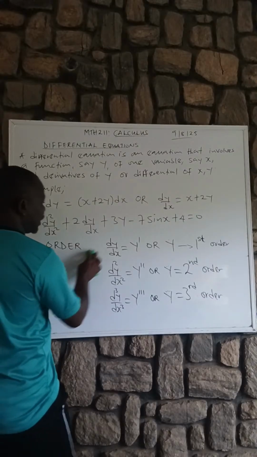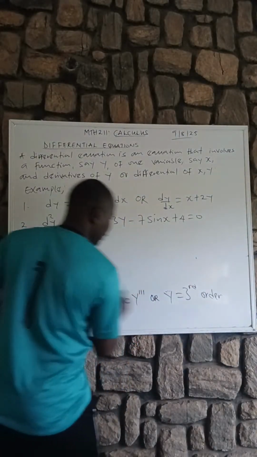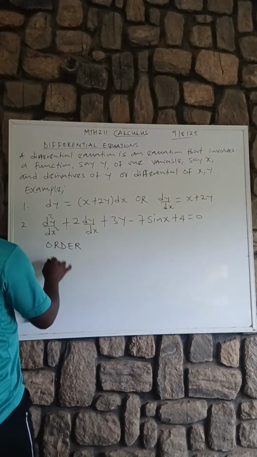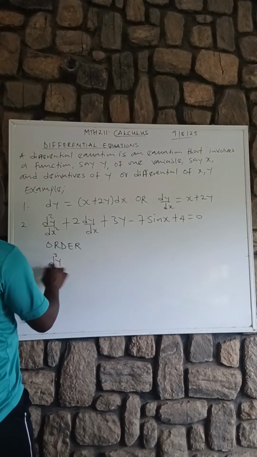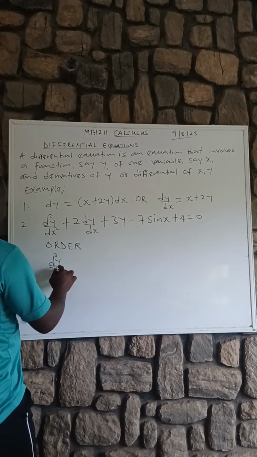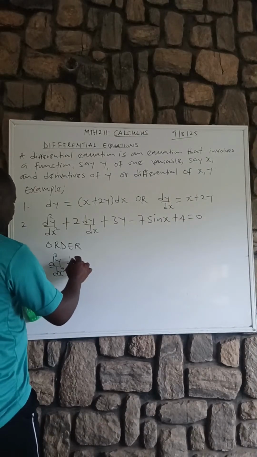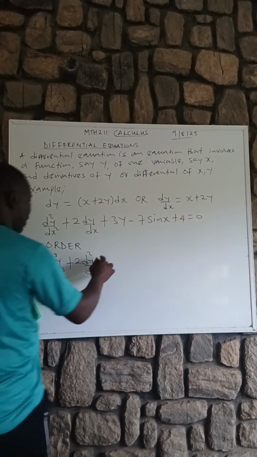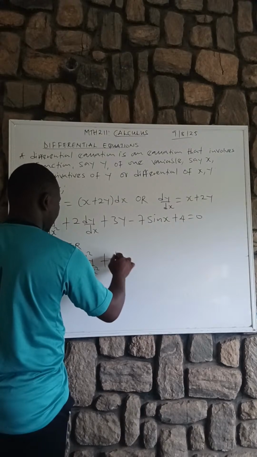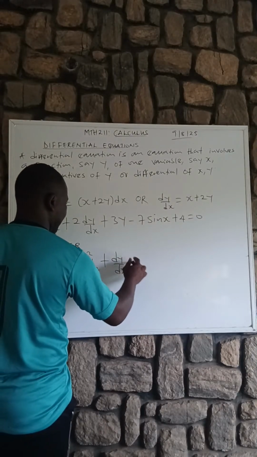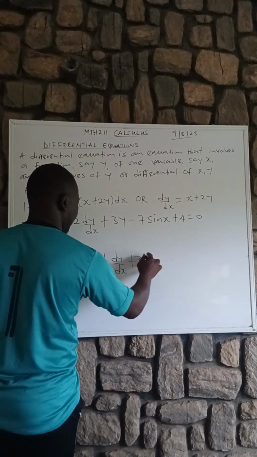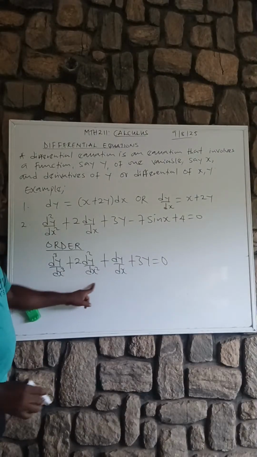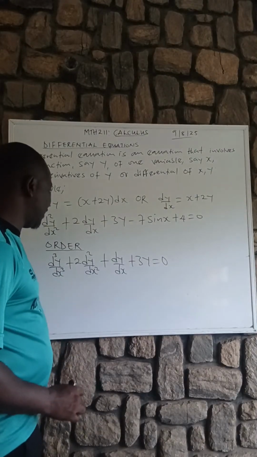Let us assume we have d cubed y over dx cubed plus 2 d squared y over dx squared plus dy over dx plus 3 equals 0. What do you think is the order of this differential equation? Just look at the board very well.